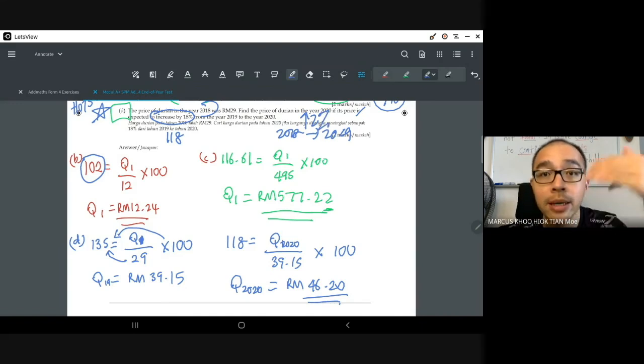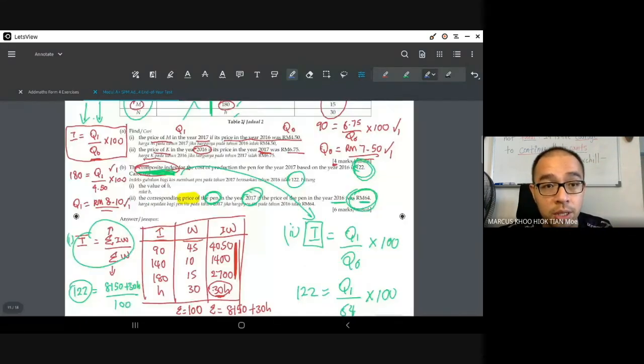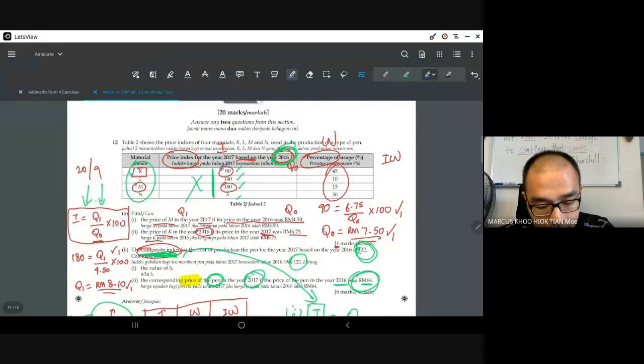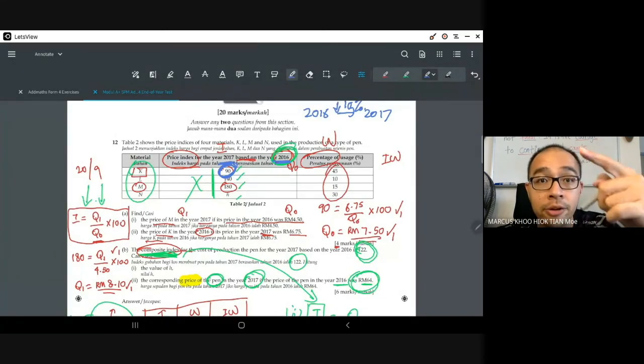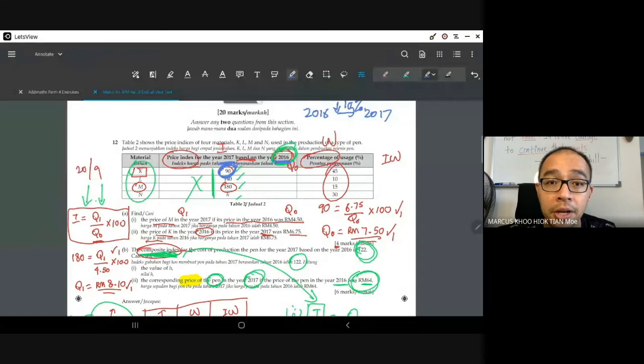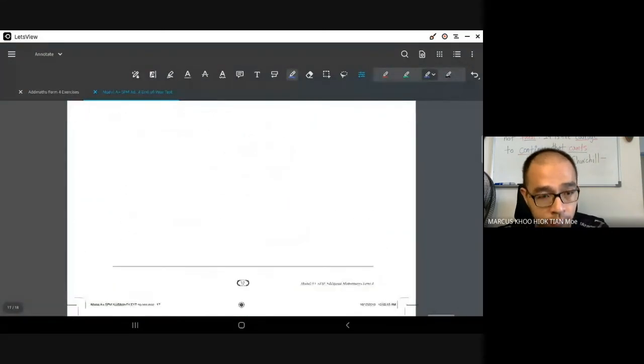Anything above 100 is increase, anything below 100 is decrease. Take a look at the question just now. 90 means what? From 2016 to 2017, it decreased by 10% because 100 became 90. So you must know all these very important words.